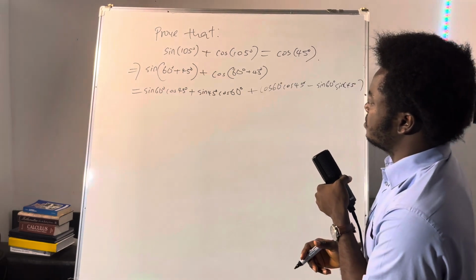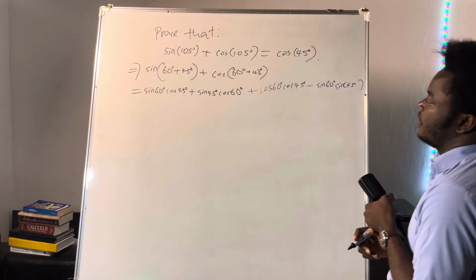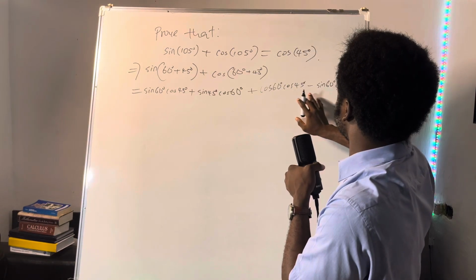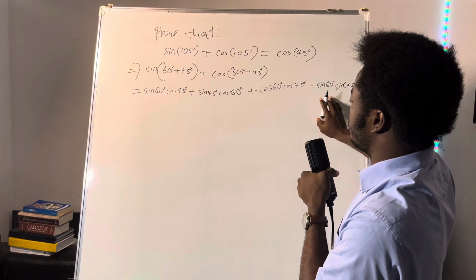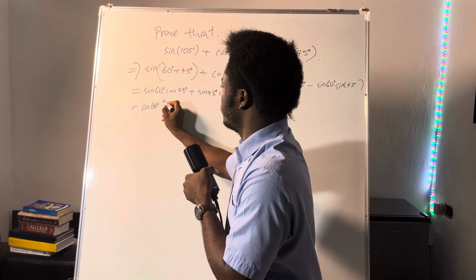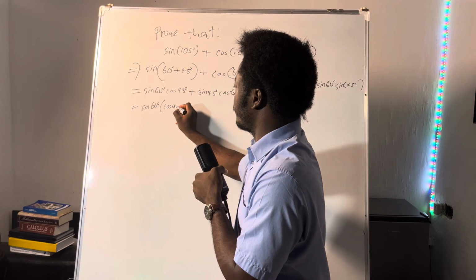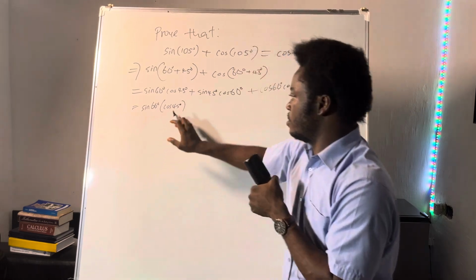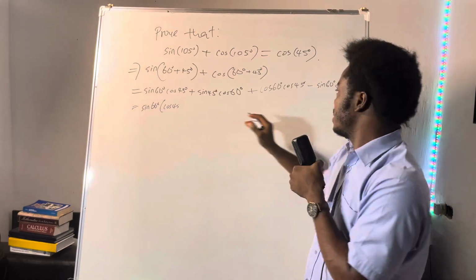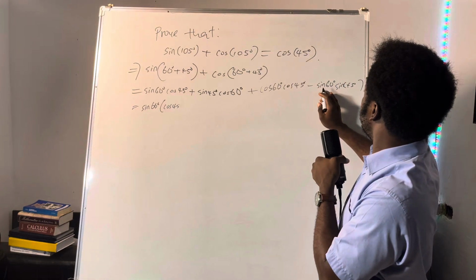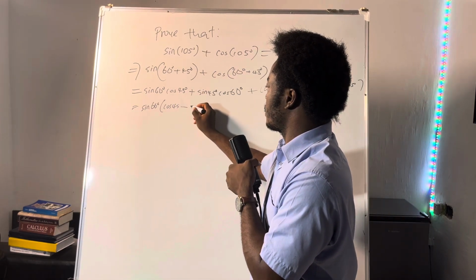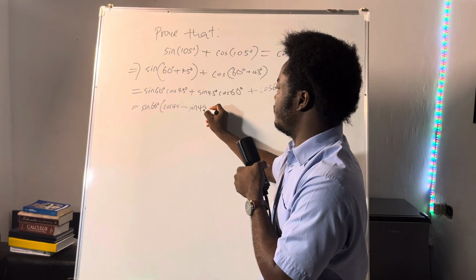So let's see what we can factor here. Let's factor out the sine 60. So you have sine of 60 degrees, and here you have cosine of 45 degrees, and then here you have sine 45, so that you have minus sine of 45 degrees as well.